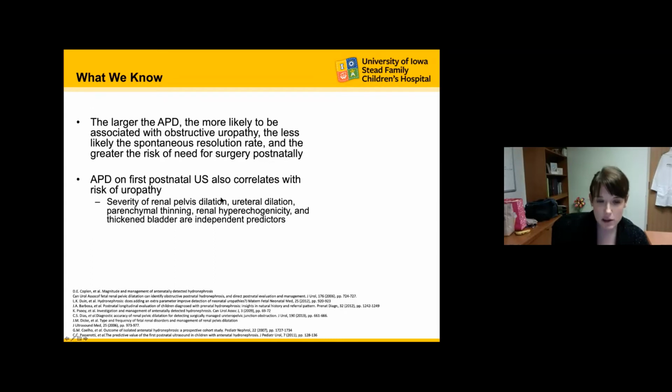We're going to get into this next statement more on the next slides, but we also know that when you measure the anterior posterior diameter postnatally on that first ultrasound, there is also an increased risk for these things. But what we have found is that ureteral dilation, parenchymal thinning, renal hyperechogenicity, and a thickened bladder are also independent predictors of pathology.